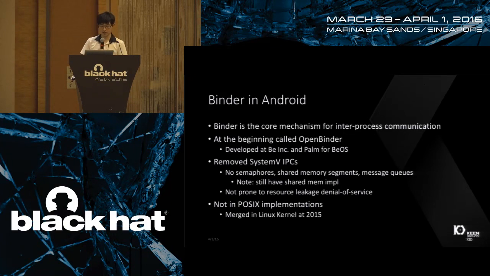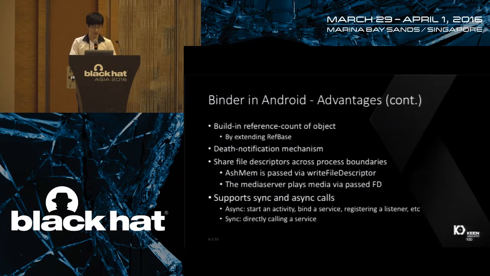And it was not in the mainline until 2015, when the Binder architecture was finally merged into the Linux mainline kernel. Binder has many advantages, which is also why it was chosen as the core architecture for Android.